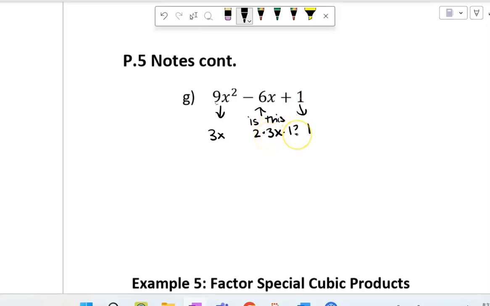So we're asking ourselves this question. 2 times 3x times 1 is 6x. And I'm not focusing on the sign at all right now. I'm just focusing on, is this number right here double the first and last? Since it is, we have a perfect square pattern, so we would put it into our perfect square.